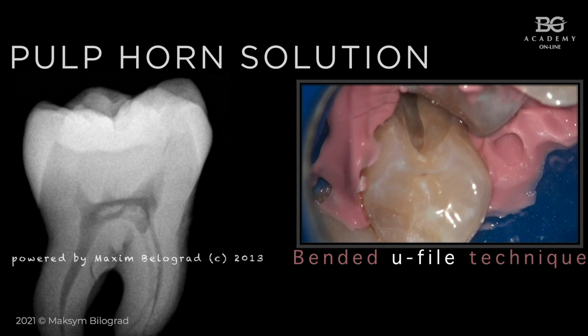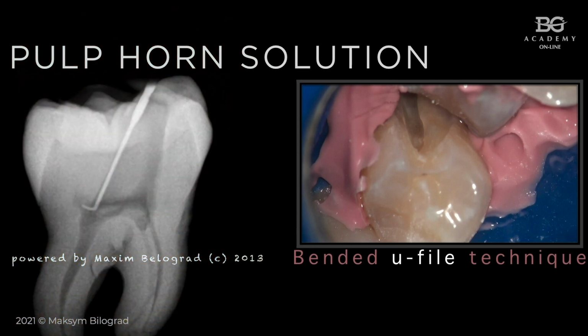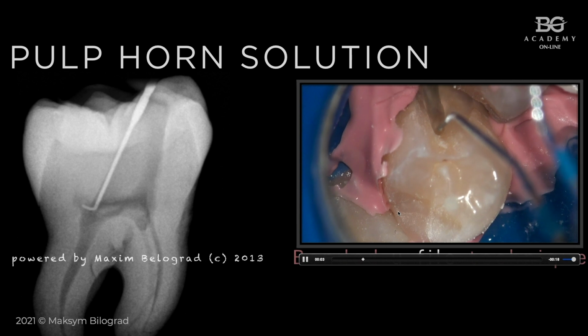Okay, then the second problem is pulp horns. So the trick is, if you use a pre-curved or banded ultrasonic file, you can go deep into the chamber and you can clean the soft tissues like pulp mechanically and also with sodium hypochlorite.